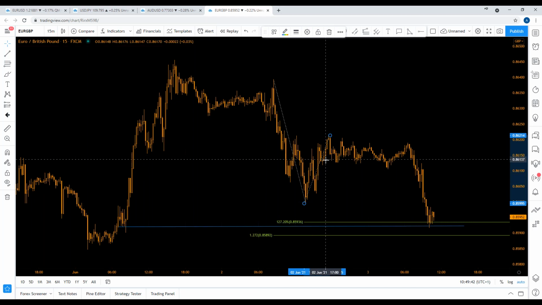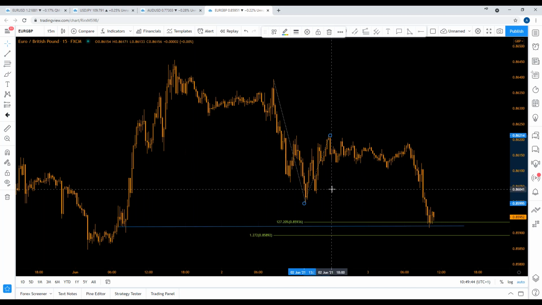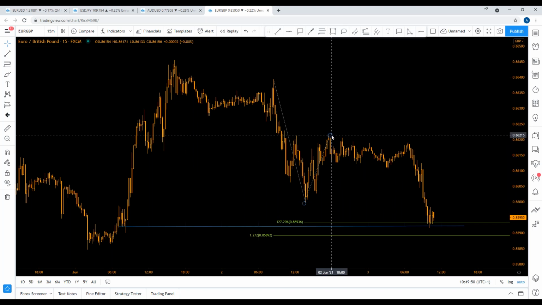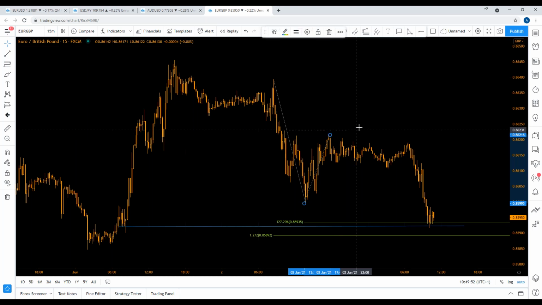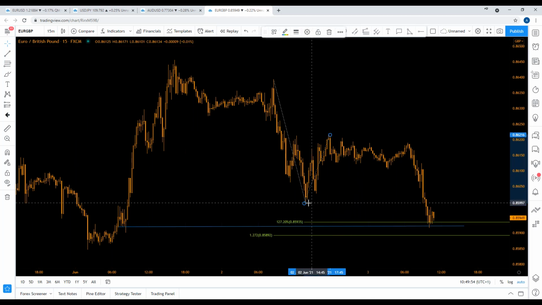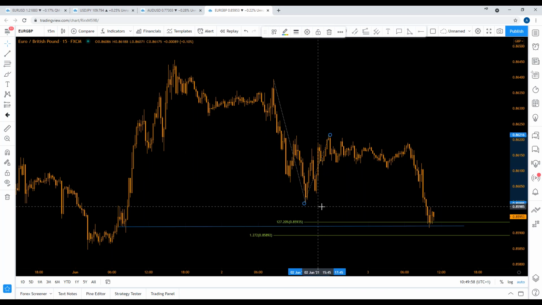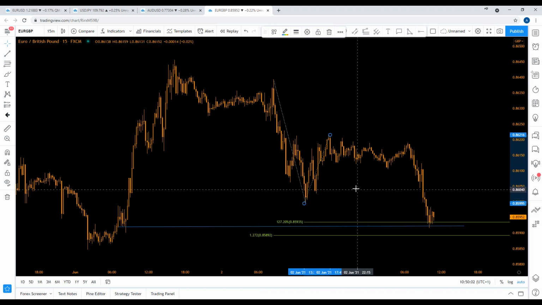Now, a Fibonacci extension is not an extension, as most websites. It's incorrect how most websites are portraying this. The textbook Fibonacci extension is an extension of the retracement. You have the Fibonacci retracement, and it's an extension beyond the Fibonacci retracement level.